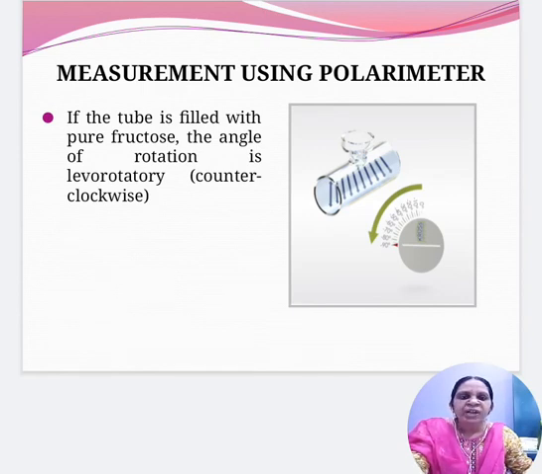Sucrose rotates in the clockwise direction, and fructose rotates in the anti-clockwise, counterclockwise direction, the levorotatory direction, to the left side.